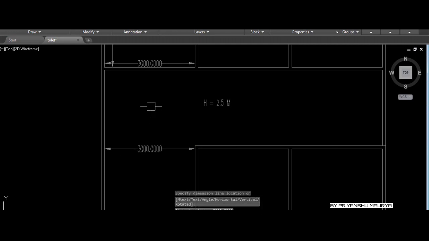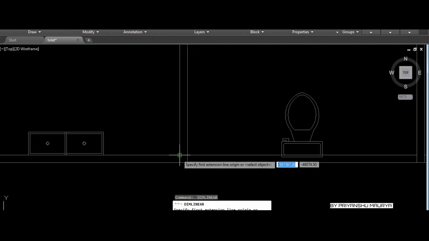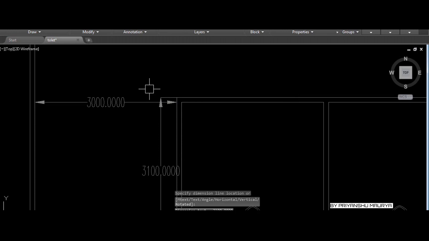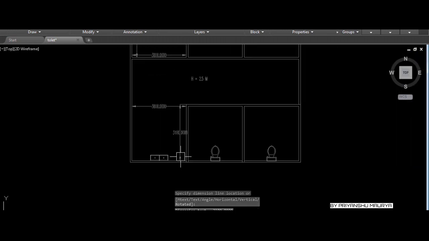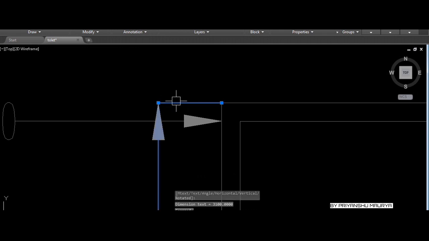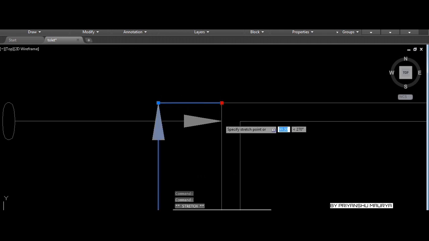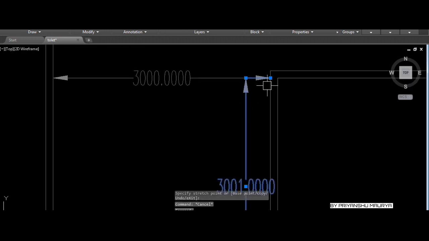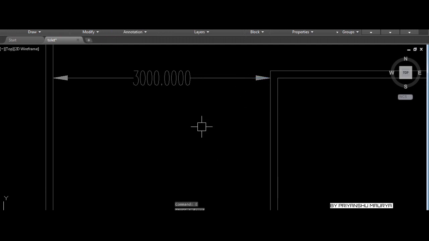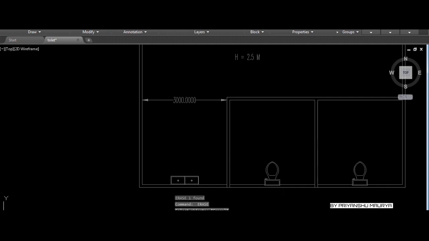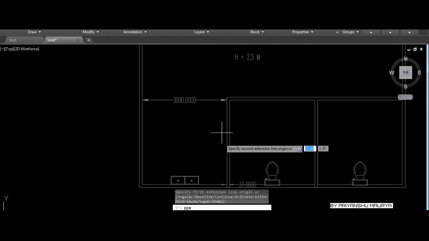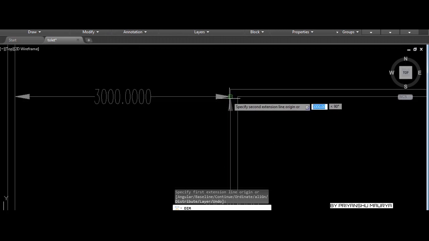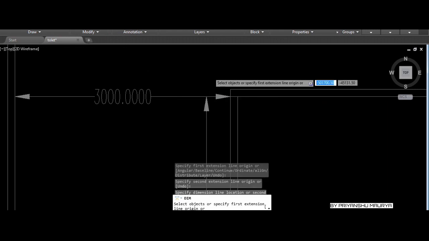Okay, this one is 3 meter, and this one is also 3 meter, from here to here. Three meter by 3 meter.